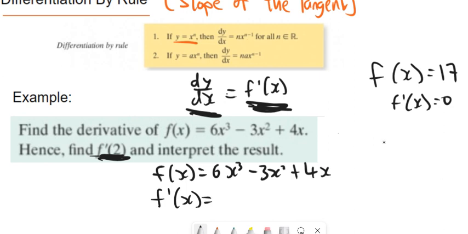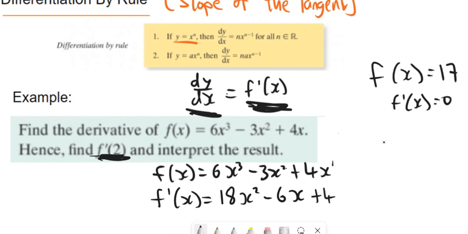I'm just going to differentiate, so I'm going to take 3 times 6, that's 18, and then I'm dropping that power of 3 down to a 2, so x squared. I'm doing 2 times minus 3, which is minus 6, and x will drop down a power, so it's just x to the power of 1, so just x. And then that's an x to the power of 1 already, so 1 times 4 is 4.